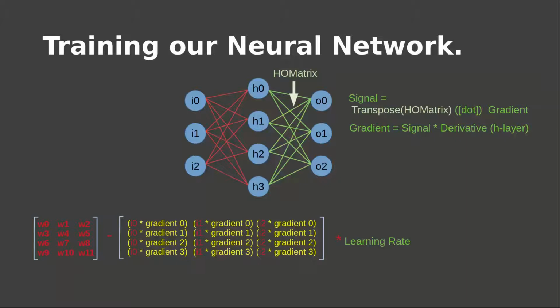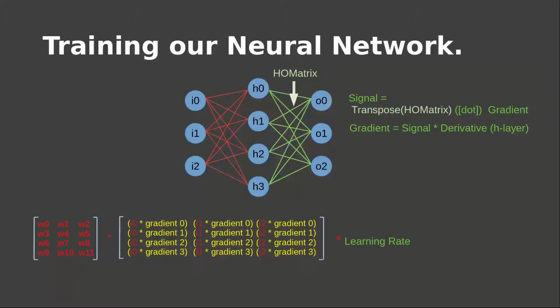And you can't do a dot product on a matrix and a vector if the number of rows in the matrix is not matching the number of elements in the vector. So what we do is we simply transpose the HO matrix. We're working backwards here, so we can use the matrix transposed, and transposing it effectively flips the width and height of the matrix. It flips its dimensions. So that allows us to do our dot product computation on it.